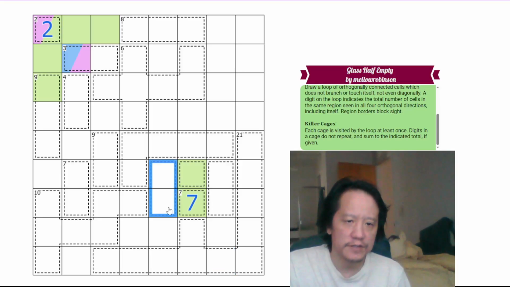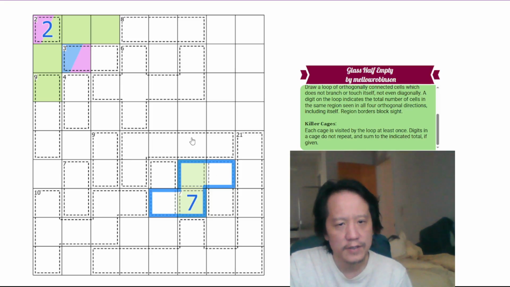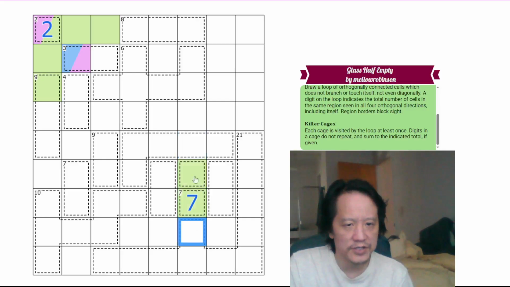So one of these is guaranteed to be on the loop, at least. And one of these is guaranteed to be on the loop. Well, it cannot be both. So it must enter here and then exit out this way, or enter here and exit out this way. That means the rest of the cells that share an edge with these cells cannot be on the loop.